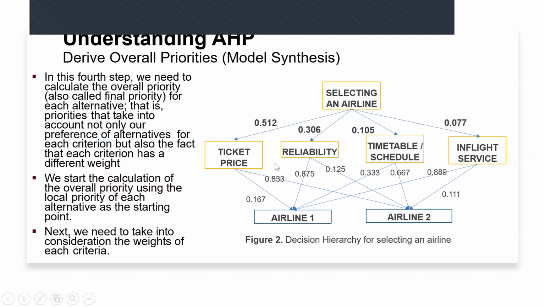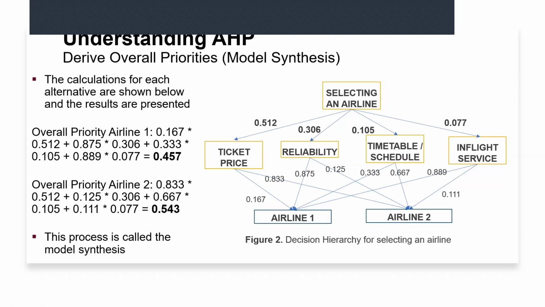So we choose airline 2 in terms of ticket price. In terms of reliability, it's airline 1, 0.875 against 0.125. For the schedule, 0.333 or 1/3 for airline 1, 2/3 for airline 2, and in-flight service is much better for airline 1 than airline 2. So that's how we arrived at the final model.